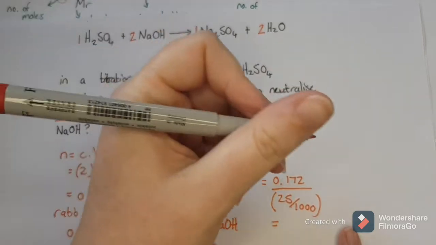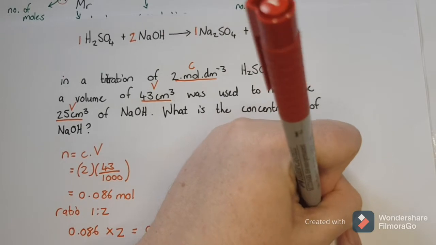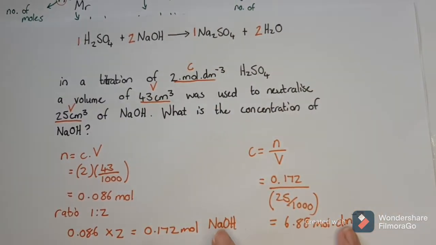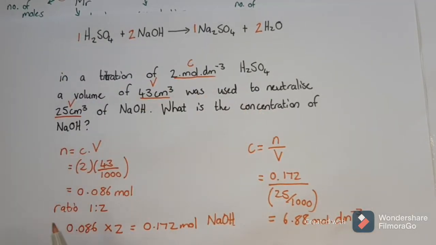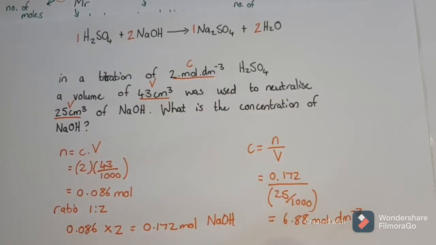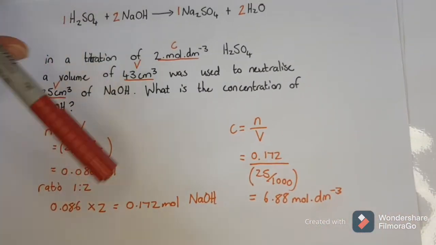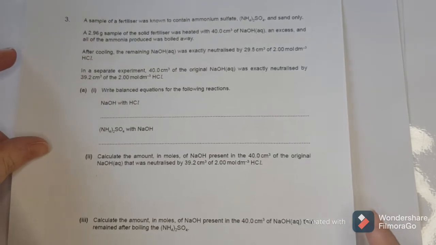And if you type that in your calculator, you get an overall answer of 6.88 moles per decimeter cubed. So that's how we can use everything that we know, our equations and our mole ratio, to find the answer of something.